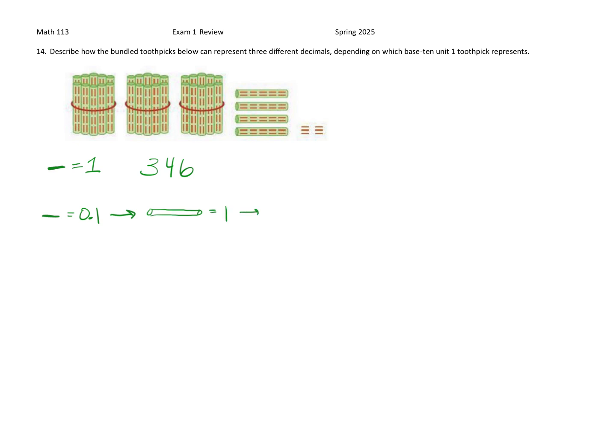And that means that each of my super bundles, I don't know if I can draw these, each of these super bundles would be 10. So now these are tens, ones, and tenths. So my number would be 34.6.